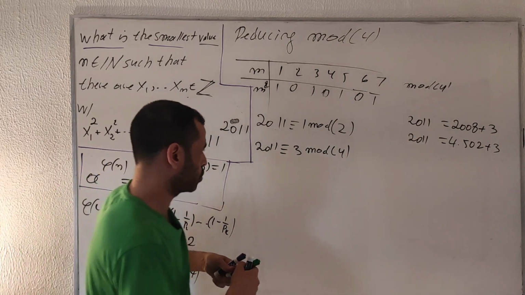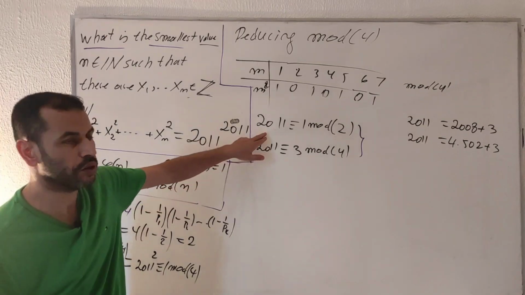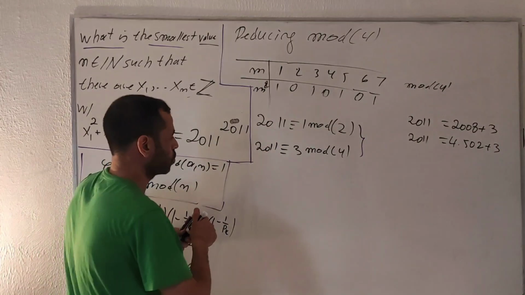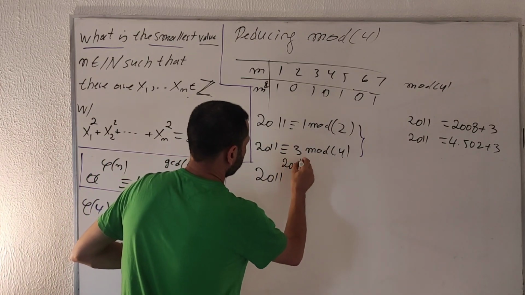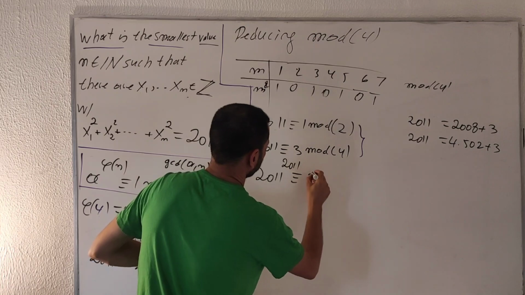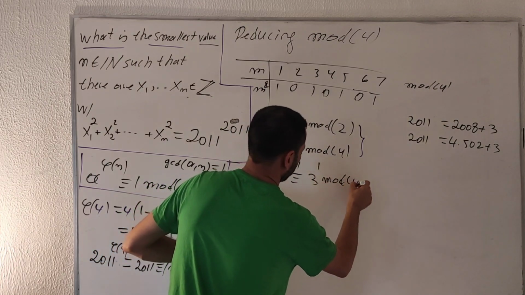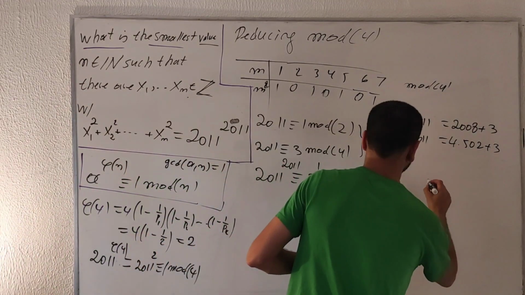Now we are going to apply the Euler theorem on this one. Put it in the form of the exponent as we have here. So we will have 2011 to the 2011 is congruent to 3 to the 1 mod 4, because we have two levels here.